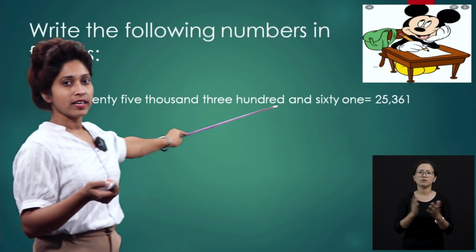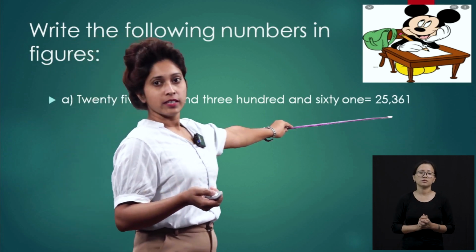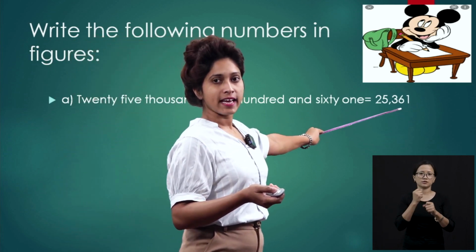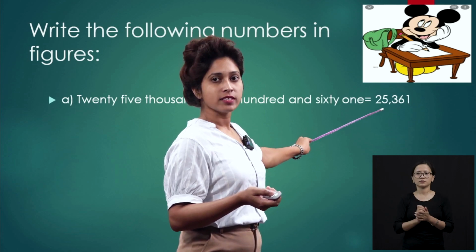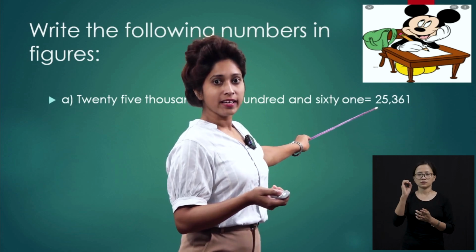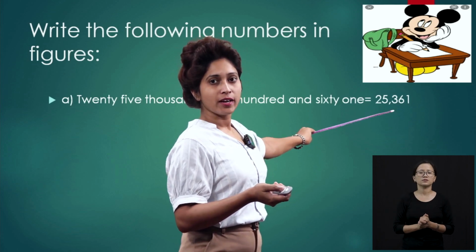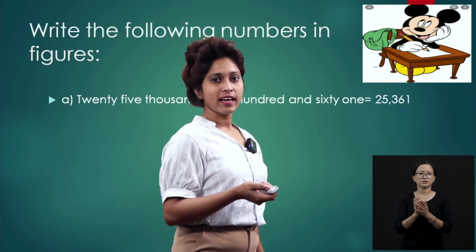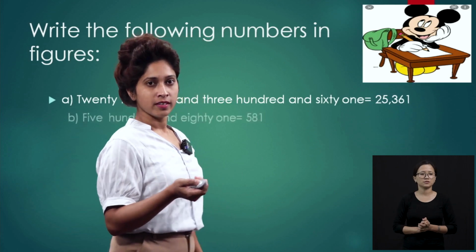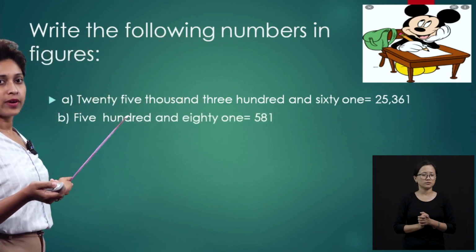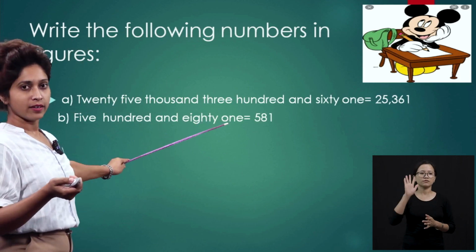How will you know it is 25,361? You can count from the first digit, that is unit, 10, 100, 1000, and 10,000, right? So it is altogether 25,361. Then we have another number, 581, right?